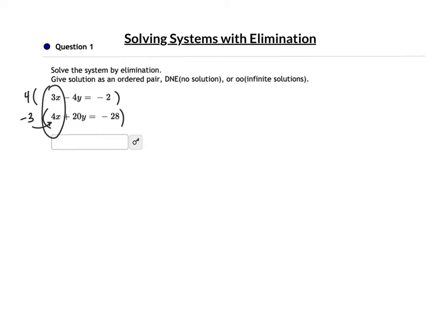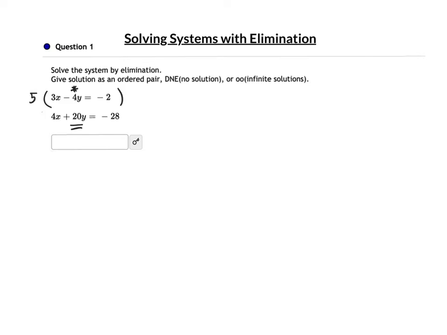However, with this equation, there's an easier way to solve it. Let's take a look. The reason there's an easier way is you don't have to use the x's, you can use the y's. And notice that this y is 20, and that I can make this one 20 if I multiply this equation by 5.